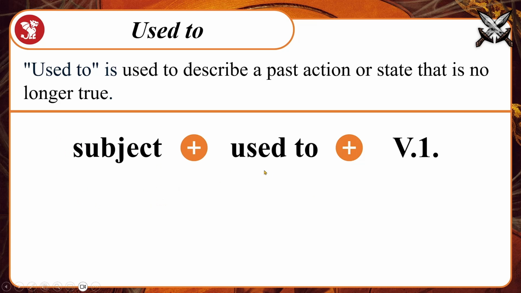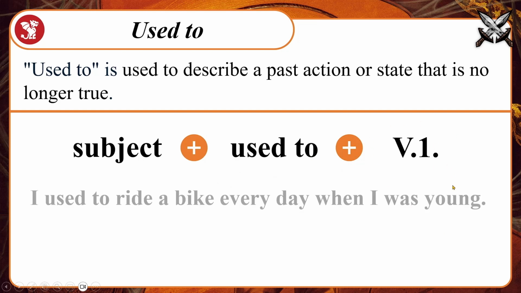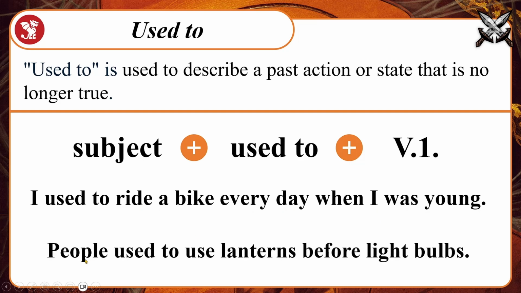Subject followed by used to, and followed by verb one or the infinitive verb. For example, I used to ride a bike every day when I was young. Or people used to use lanterns before light bulbs. These are examples.